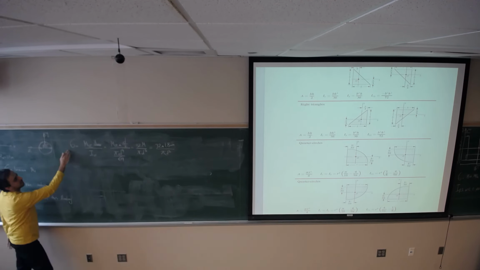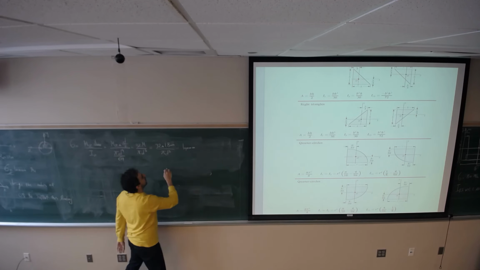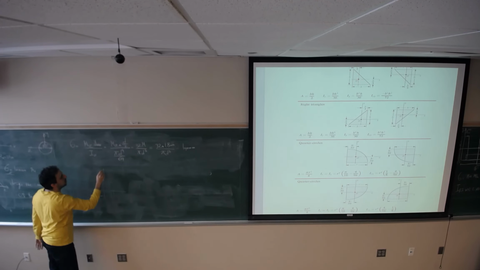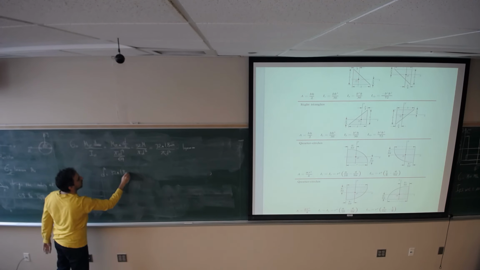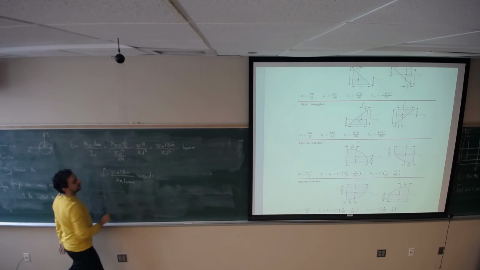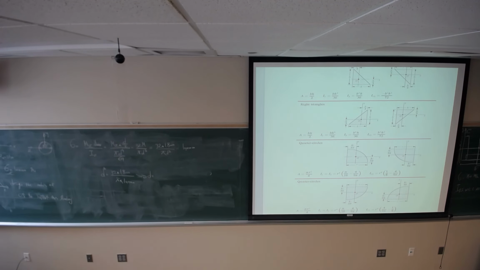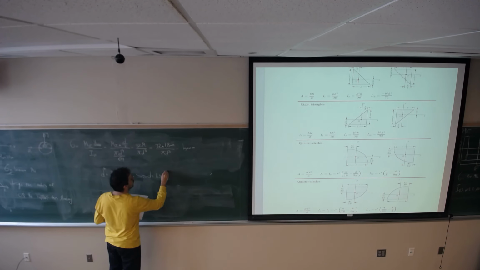The maximum normal stress is 10,000. Solve for d. So d cubed is 32 times 1,800 divided by pi times 10,000. Then we can find d equal to 1.22 inch.